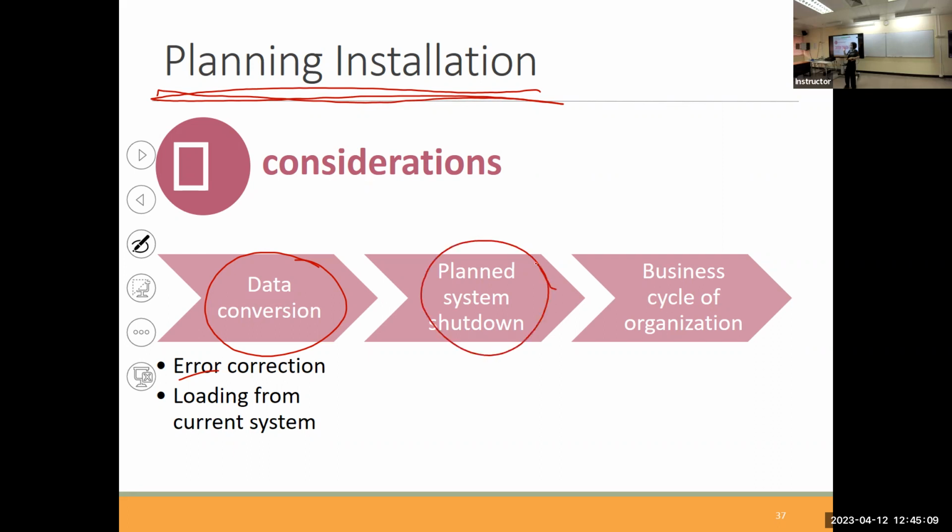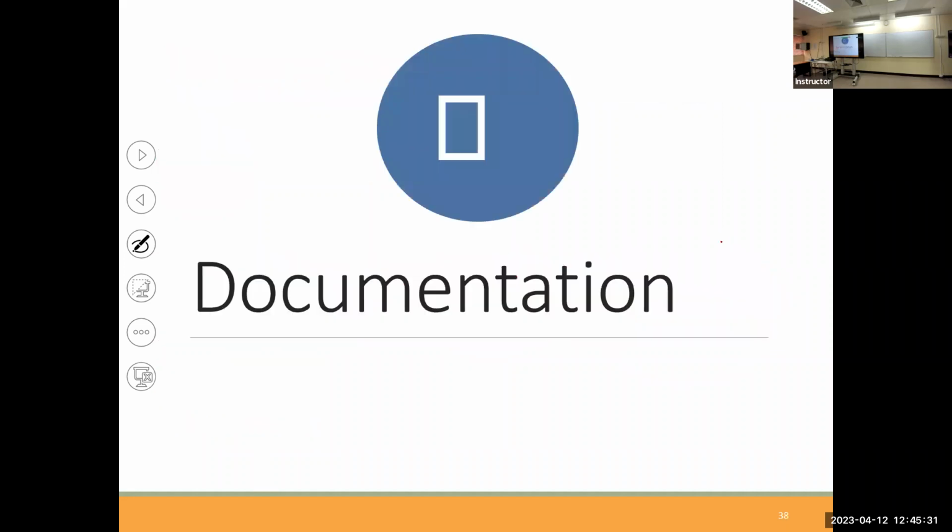You may need to think of how to shut down the old system, and sometimes it may involve changing business processes too. When you change the system, it doesn't mean people work in the same way, right? The operation, the people who give services, may need to work differently.